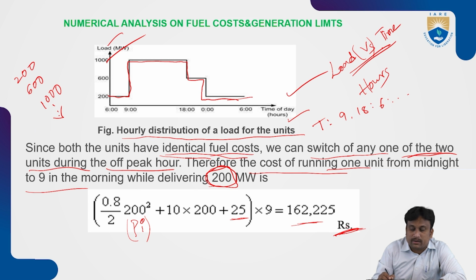This is the cost of running one unit from midnight to 9 in the morning while delivering a load of about 200 megawatts. That is why we are multiplying by 9. So this much is the cost, 1,62,225 rupees.